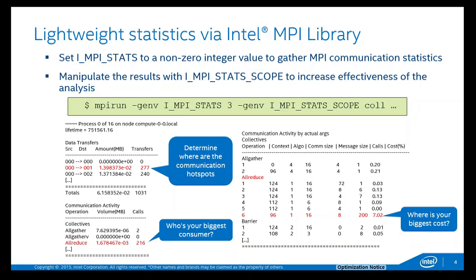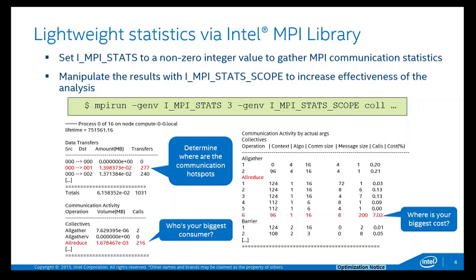Same with the collectives: which of your collectives are your biggest consumer in terms of how many calls you're making and how much data you're transferring for each collective between the processes, as well as a breakdown of where the biggest cost is in terms of communication. For this particular example, about 7% of your total runtime was spent in that all-reduce call, so it might be a good idea to take a look at that.